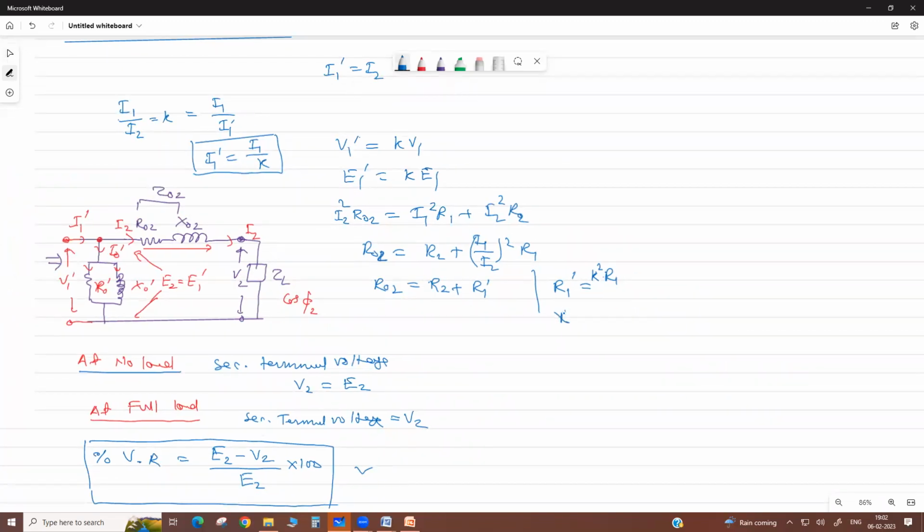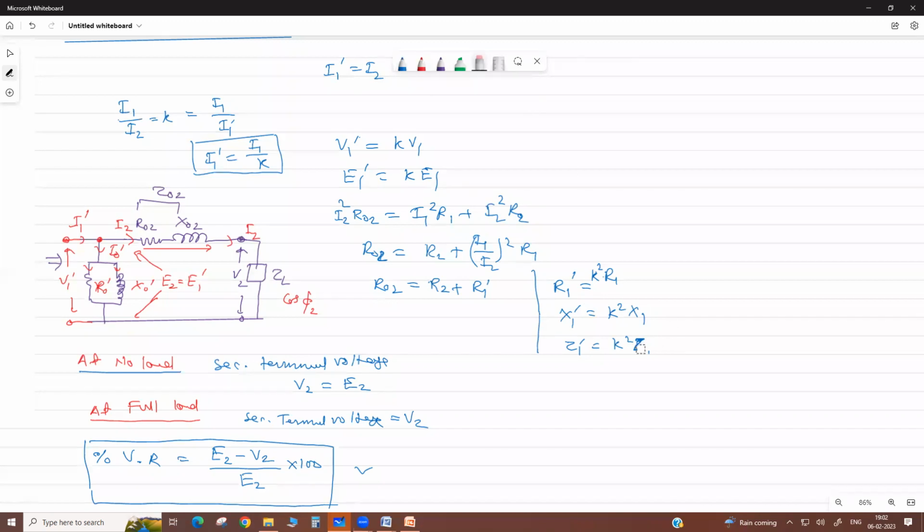Now you get the difference as referred to primary side and secondary side. Similarly, your reactance will also be multiplied by K squared, then Z1 dash also K squared Z1.